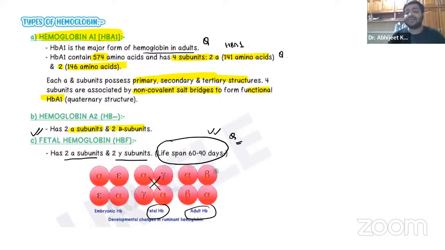That is exactly the difference in the tetramer over here. Fetal will have two alpha and two gamma subunits, but adult will have two alpha subunits and two beta subunits, right?